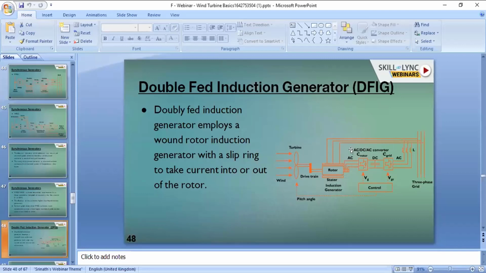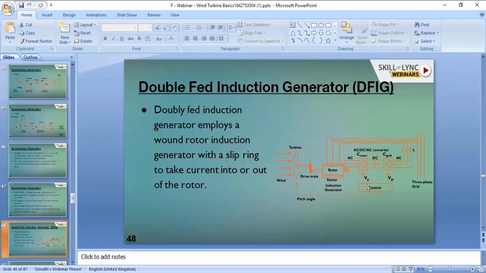So here the AC to DC converter system, the capacity of this AC to DC is not full power. For example, in the synchronous generator, the capacity of the inverter has to be full power. Say if we have a wind turbine of say 2 megawatt, the power electronics, all the converter has to be for the total 2 megawatt power.